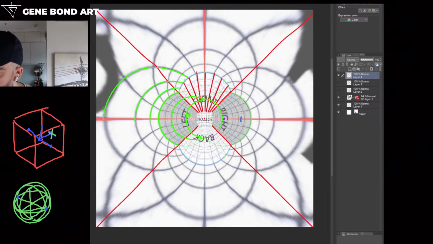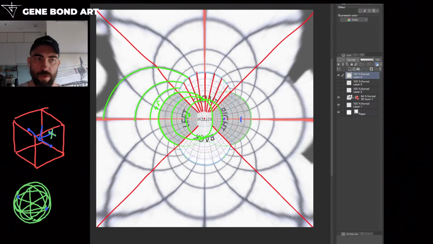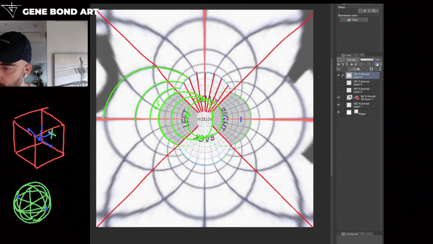And the second circle goes through two vanishing points and 45, looking left up 45 and looking right down 45 here.